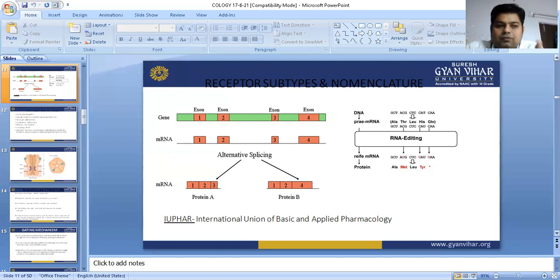These codons form an mRNA template, which is available at the ribosome. At the ribosome, the binding of different codons, meaning different amino acids, on the mRNA strand prepares a protein substance, and this protein substance is further called a receptor.